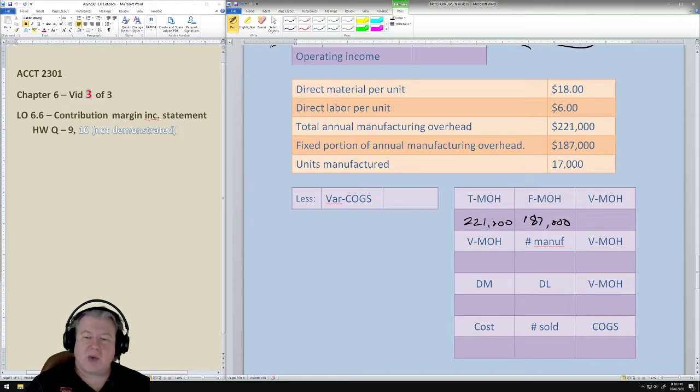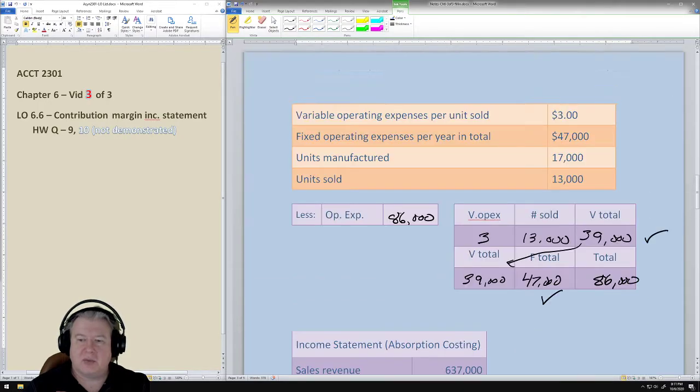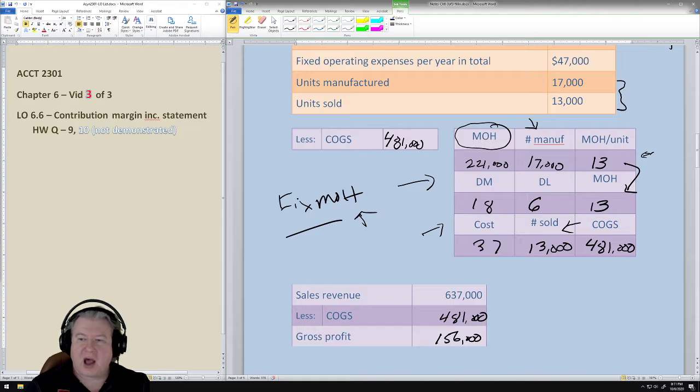But if we want to come up with a new cost per item, remember up here we figured out a cost per item, which had an MOH including the fixed and the variable portion, right? So this is the direct materials, this is the direct labor, and this is the fixed plus variable part. And we just want to figure out the variable part.